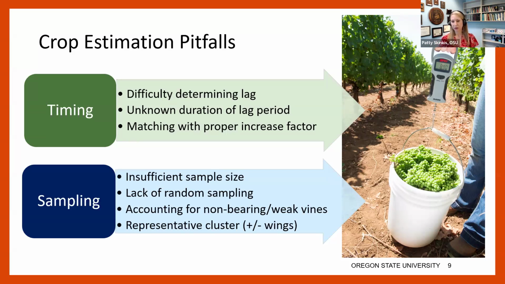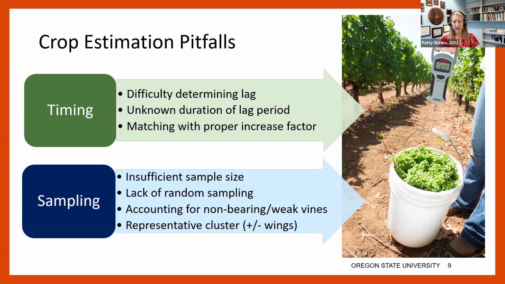It's difficult to determine when your specific block is actually at lag. Second, we don't really know how long the lag phase period is. We just assume. And then, of course, that timing throws off the proper increase factor to use, because the principle of lag phase was using a very simplistic increase factor that applies for that snapshot in time. So that's one part of the equation.